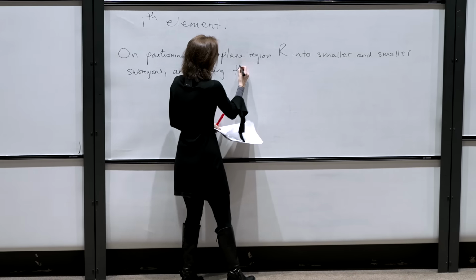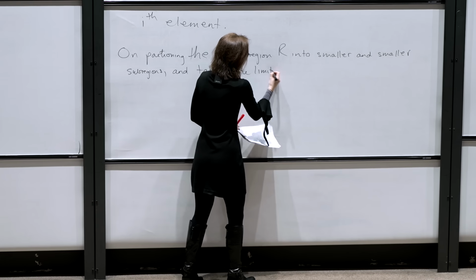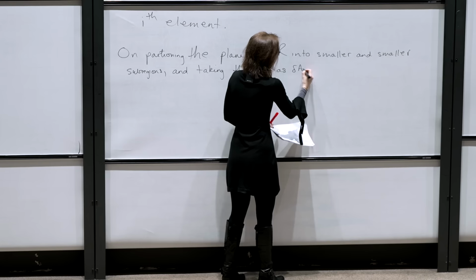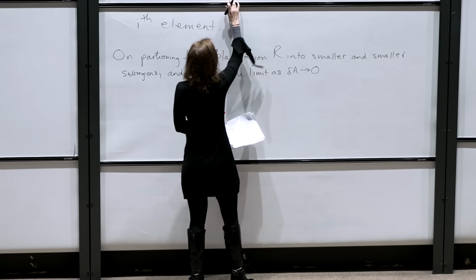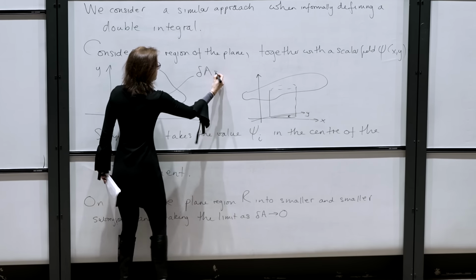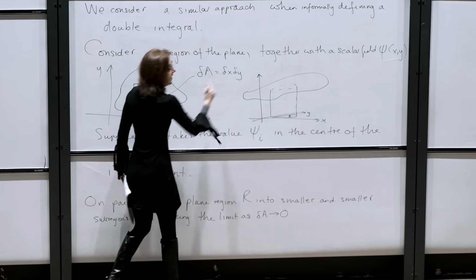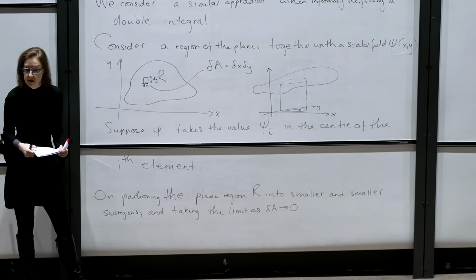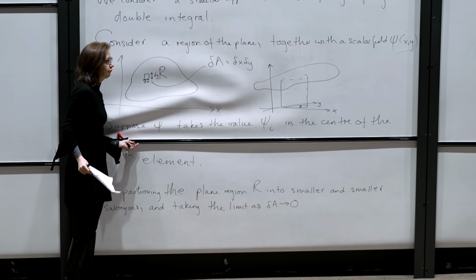So taking the limit as delta A tends to 0. So I should have said it up here. So I'm going to define delta A to be delta x delta y. It's just the area of that little region of width delta x and height delta y.